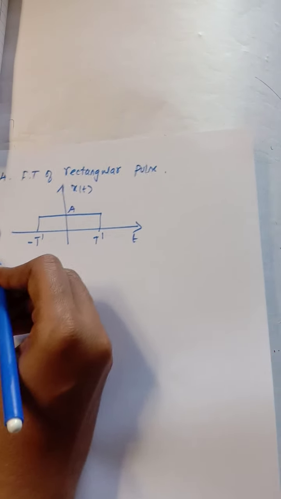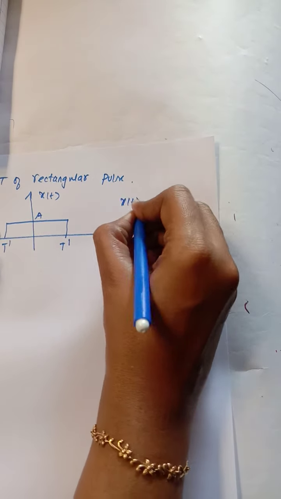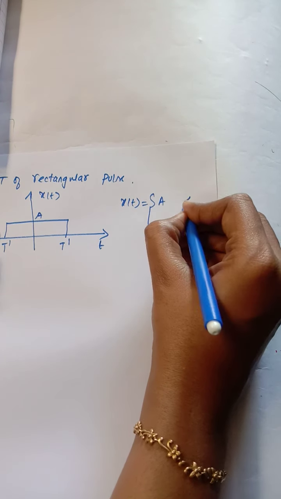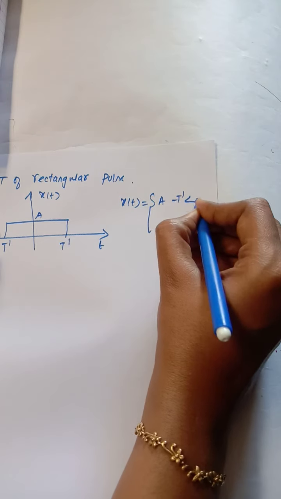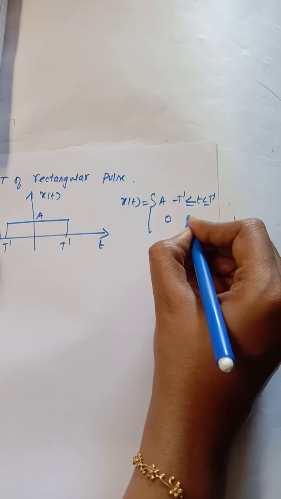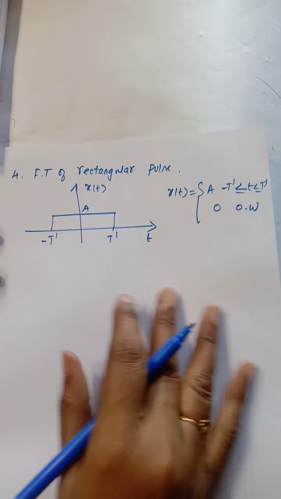Now I need to write down the mathematical expression for this. X of t is equal to a for t lying between minus t dash and t dash, and 0 otherwise. So this is the mathematical expression.